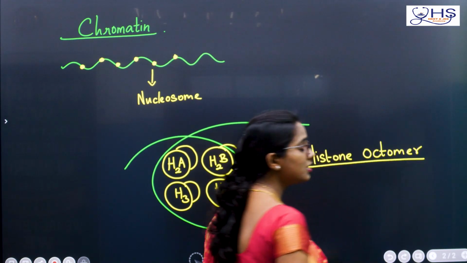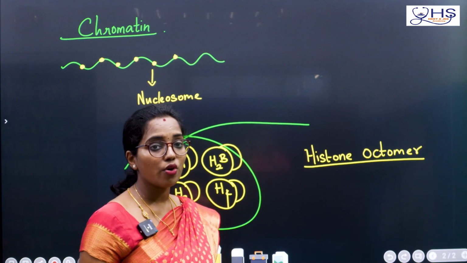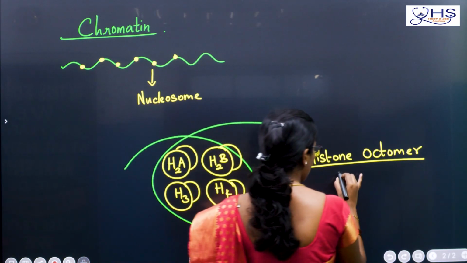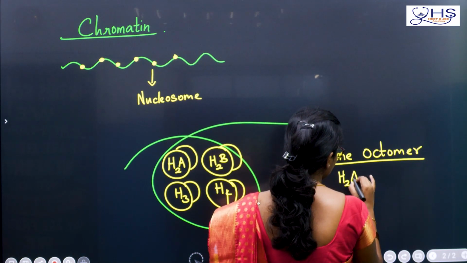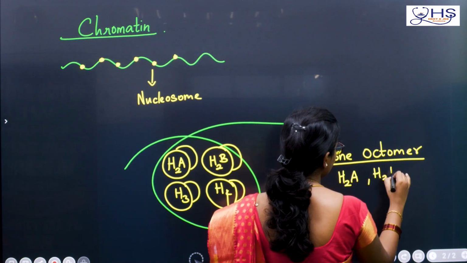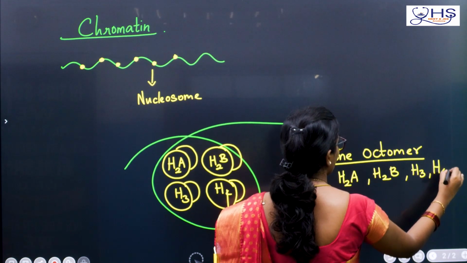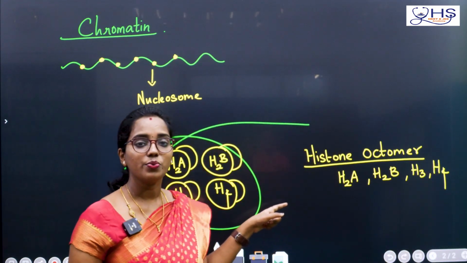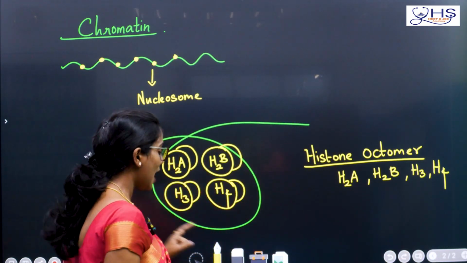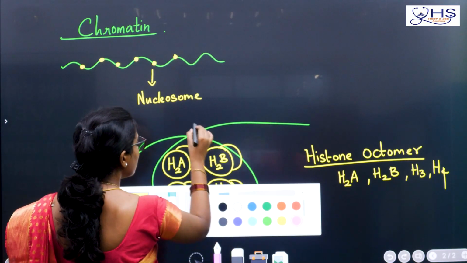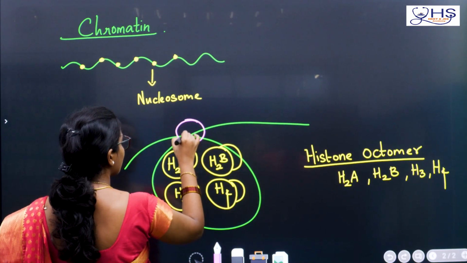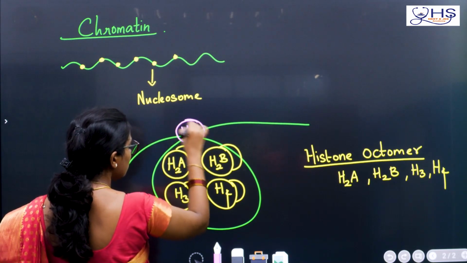What is histone octamer? It is made up of 8 proteins of H2A, H2B, H3, H4. Someone is missing here, right? Where is the H1? Yes, H1 will be present here. The H1 will link the chromatin.